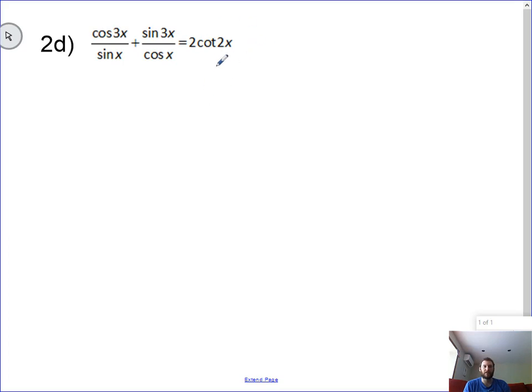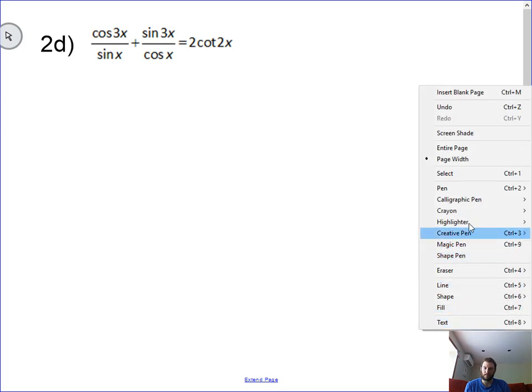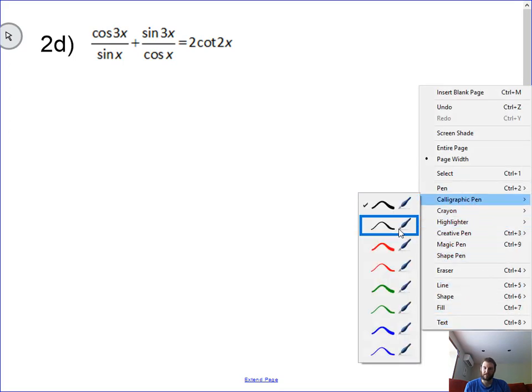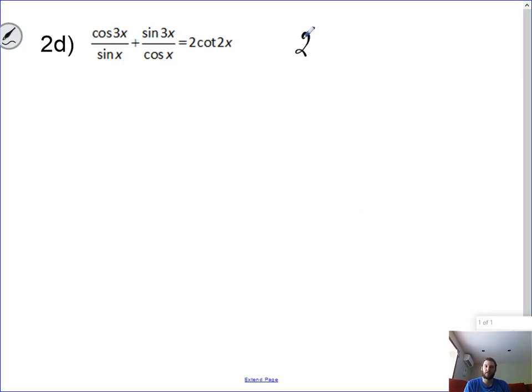So when I look at this cotan 2x, what that tells me is my second to last step is going to be making it 2 cos 2x over sine 2x, right?